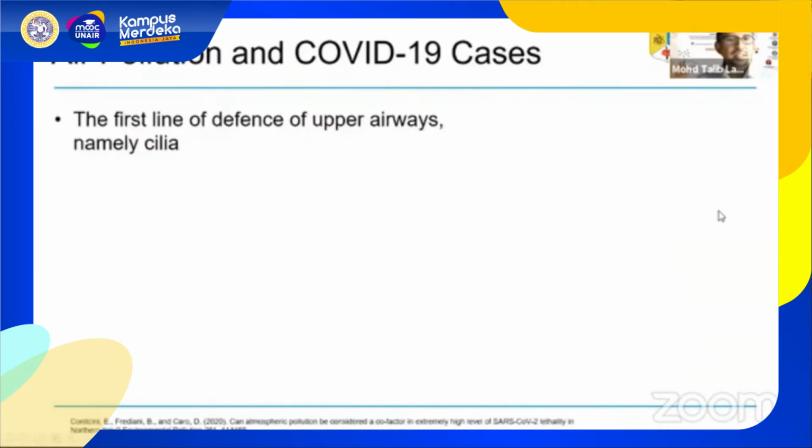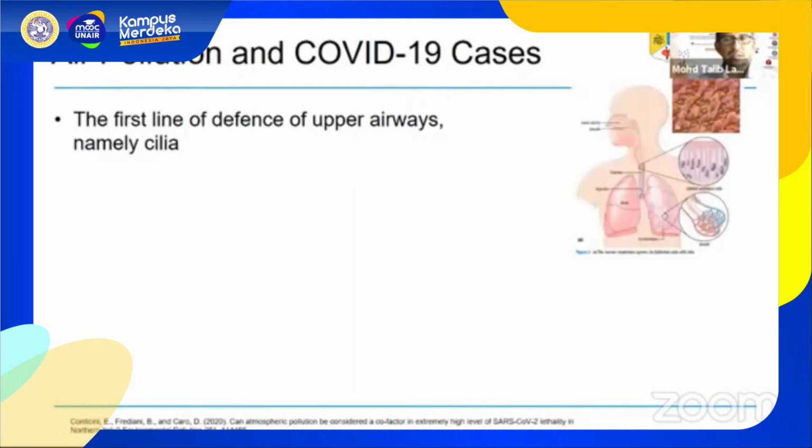Air pollutants and COVID-19 cases. Many studies correlate this air pollution with the number of cases, because studies in several parts of the world, such as Italy, mentioned that when people are exposed to air pollutants, the first defense of their respiratory system does not work very well, because the first defense of the upper airways, we call it cilia, over here.